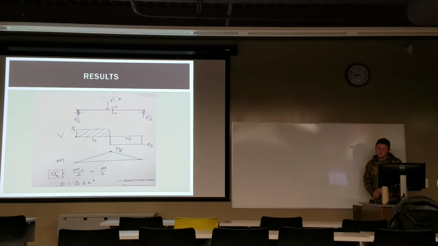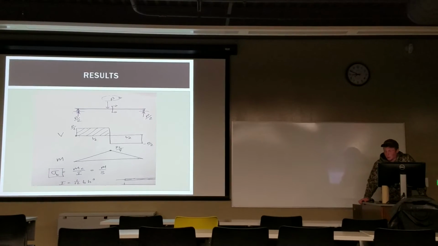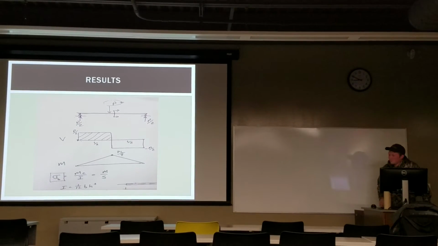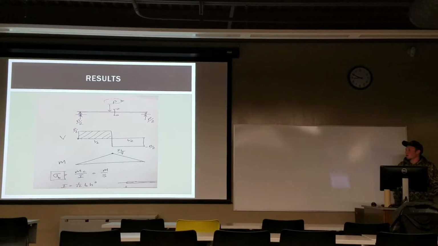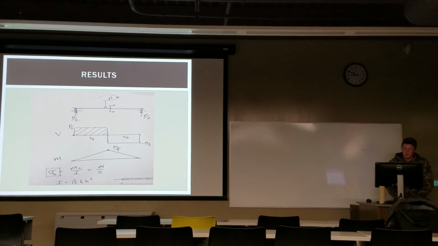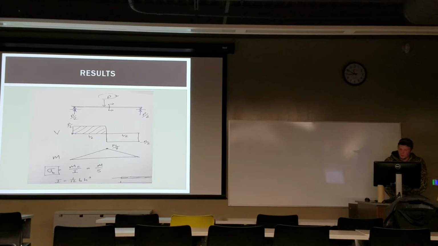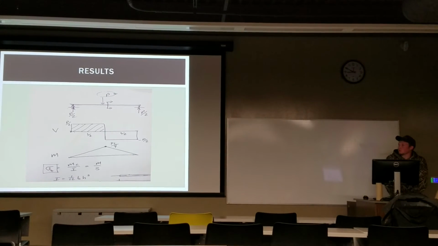The one below that is the moment graph, and the moment's the greatest in the middle, so that's why it's PL over 4 right in the middle there. And using both those graphs, you can find the bending stress, which is MC over I, where M is the moment, and C is the distance from the middle of the board to the end where the sawhorses were. And then I changes for different shapes.